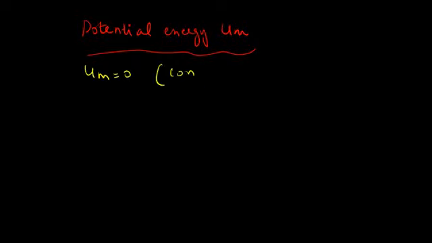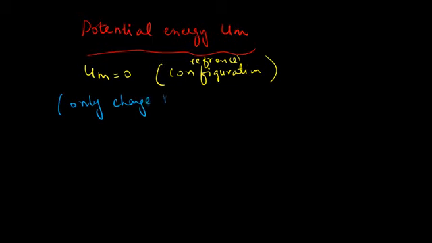Why do we consider UM equal to 0 in our reference configuration? Because we consider only the change in potential energy.